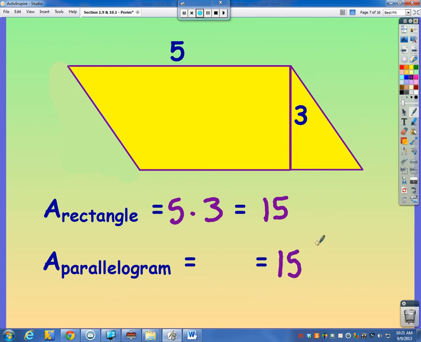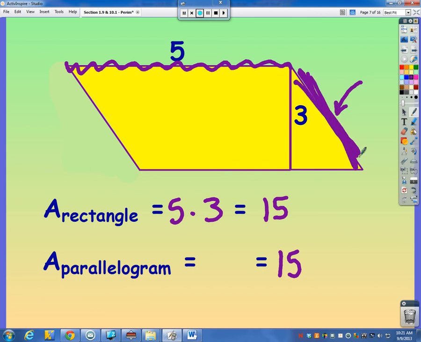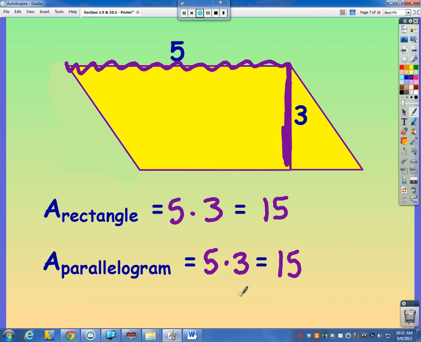The only thing that looks a little different now, this is still 5 up here. That still works. But the 3 isn't what you would probably call the height, because you might consider this slanty side. That used to be kind of what our height was. But now it's just this part, okay? So the parallelogram area is still 15, which means we're still going to use the same numbers, the 5 and the 3.